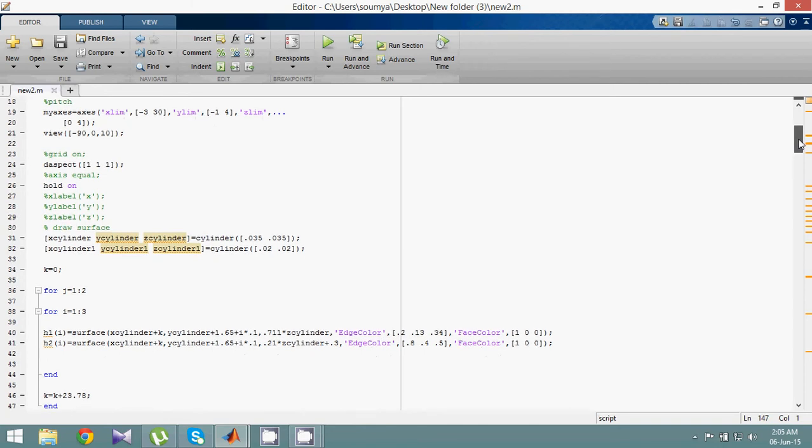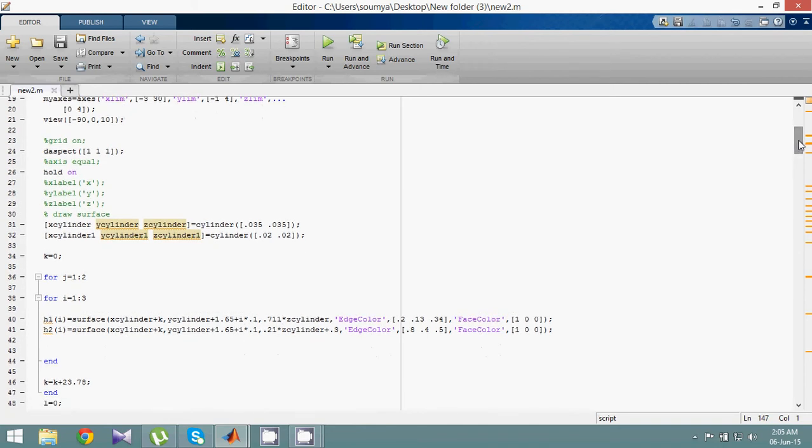Then I use the surface function to apply this. See, these are basically stumps, because the stump has a height of 0.71 meter, and that's the other portion of it, x, y, z. That's how I thought I would get the best result in the graphics.